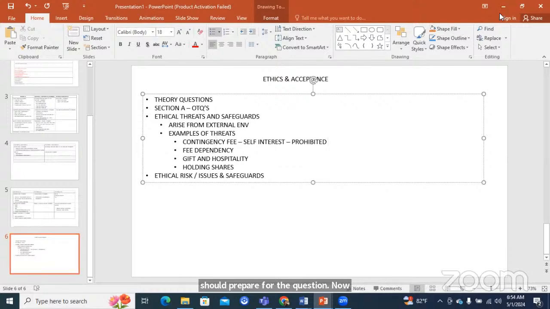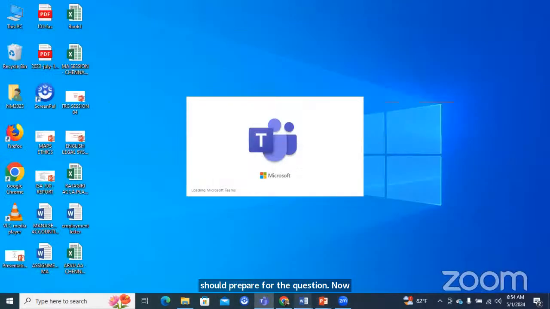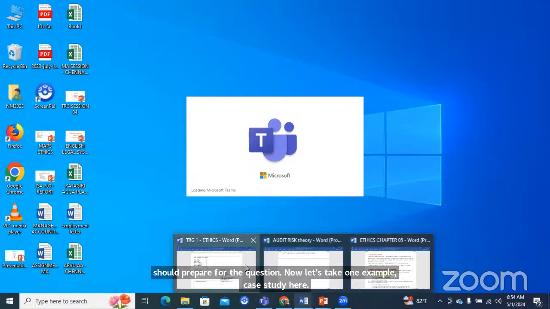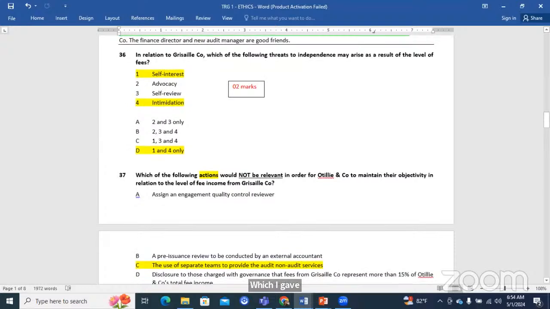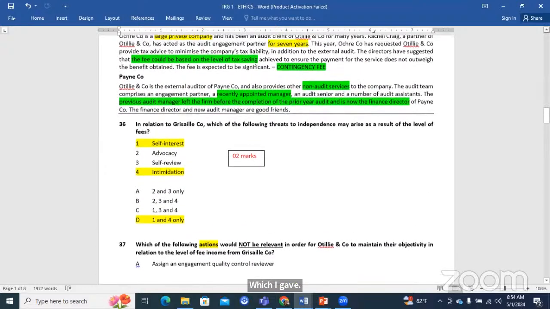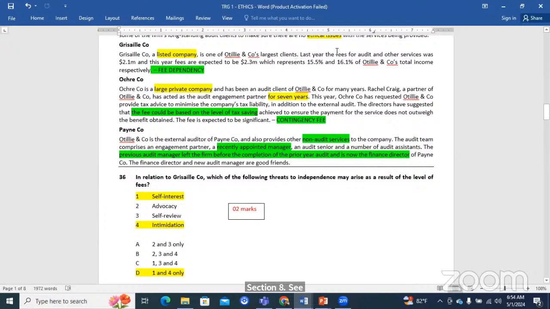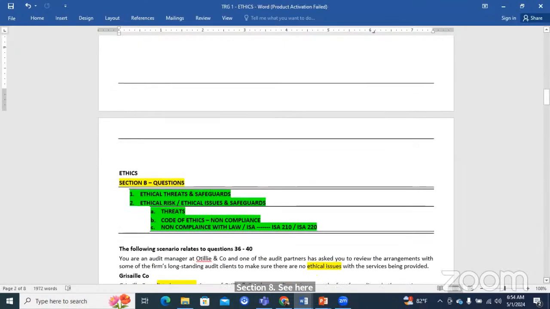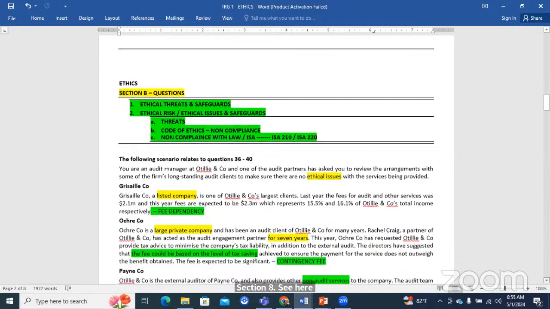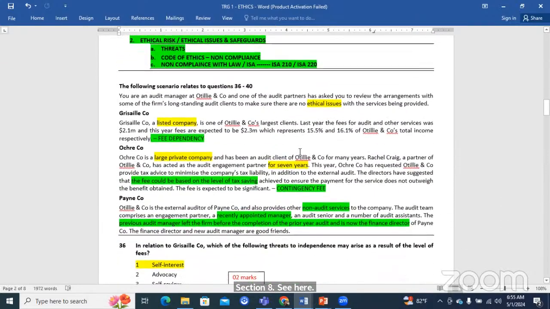Now let's take one example case study here, which I gave. Section A. You are audit manager of O&M company.